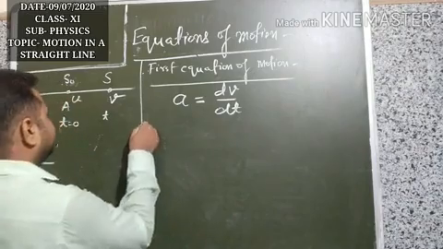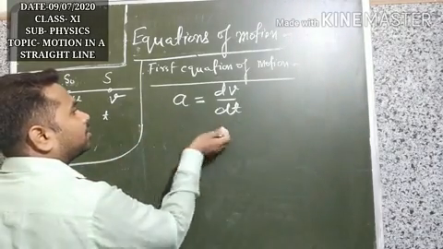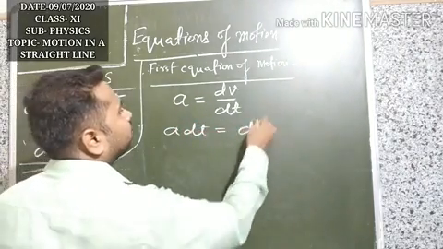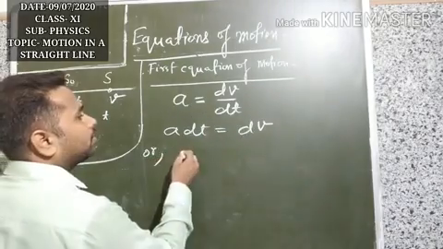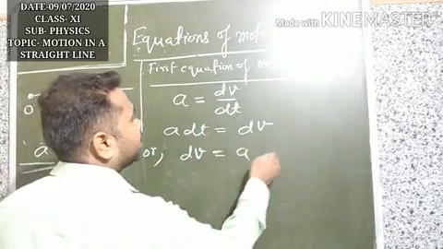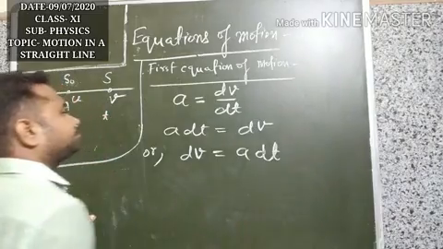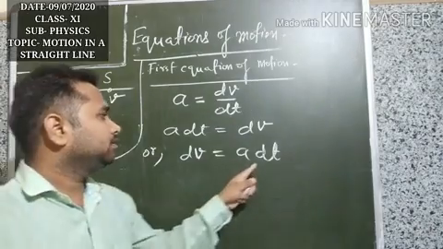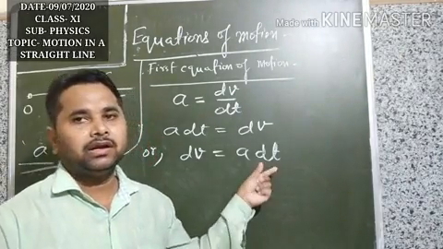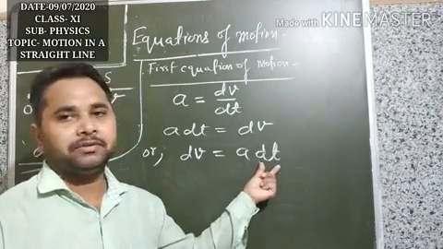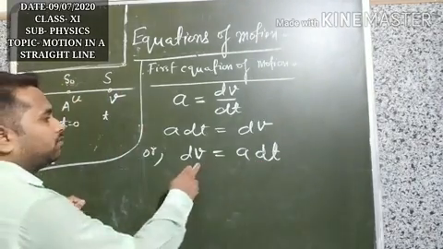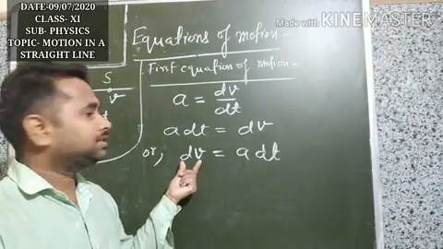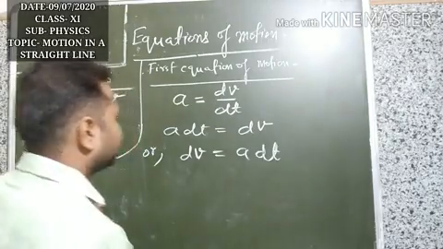So by cross multiplication it is a dt equals dv, or you can write it as dv equals a dt. I am repeating again here, this is not the product of d and t. dt is the small time interval denoted by dt. Here also dv is not the product of d and v. It is dv, one term that represents the small change in velocity.